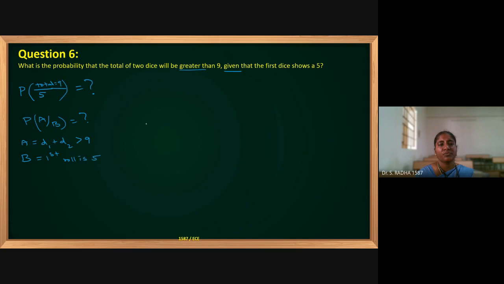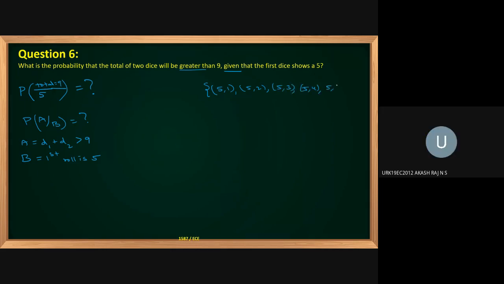Now if you see, two dice are there. When you are rolling dice 1, 5 has already come. Now dice 2 can be 1, 2, 3, 4, 5 and 6.